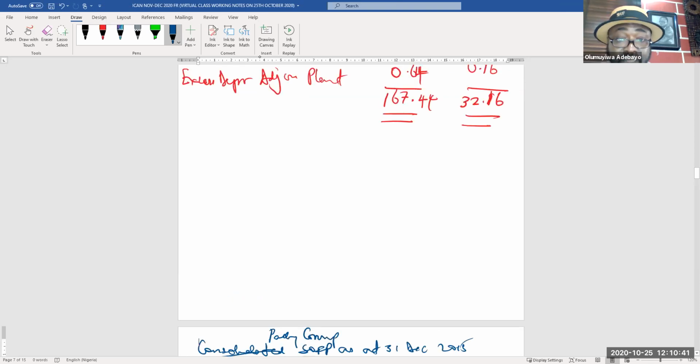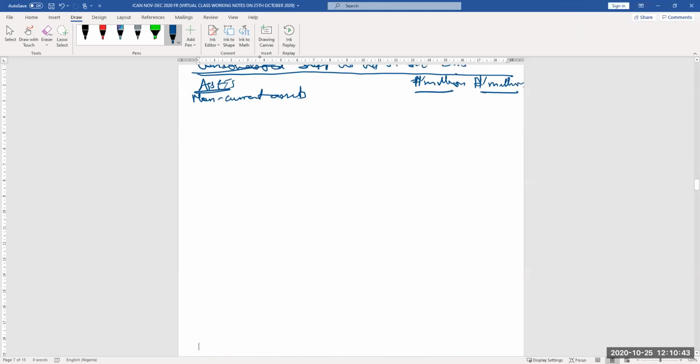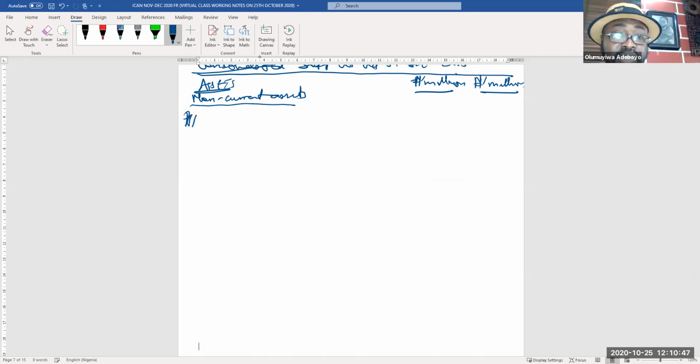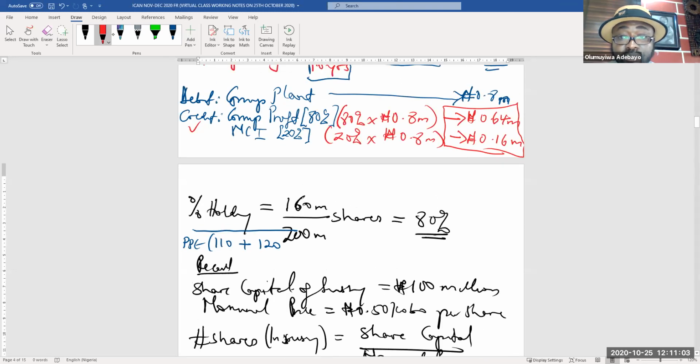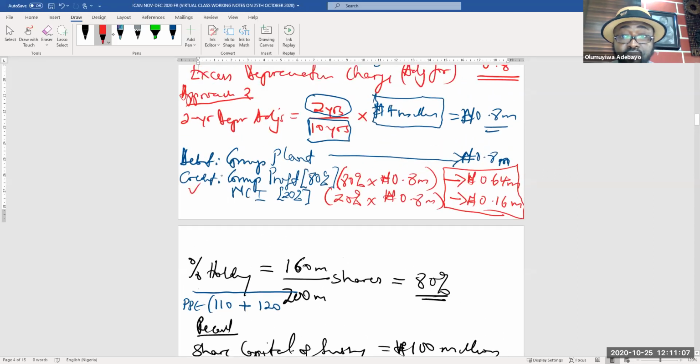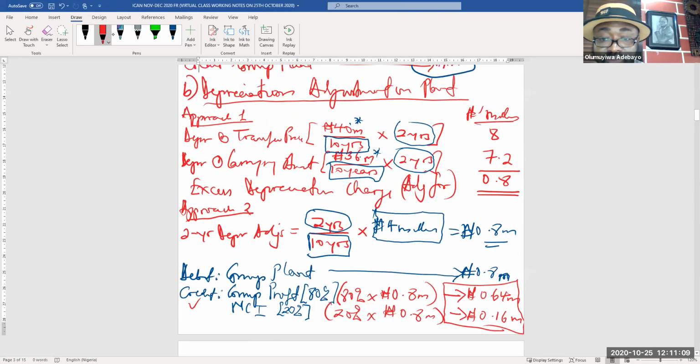Where has my PPE disappeared? Okay, PPE: 110 plus 120. Now we said we should minus 4. What other adjustment do we have? We have the adjustment for the excess depreciation, which is this 0.8.